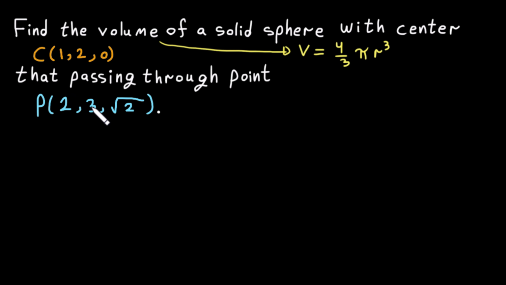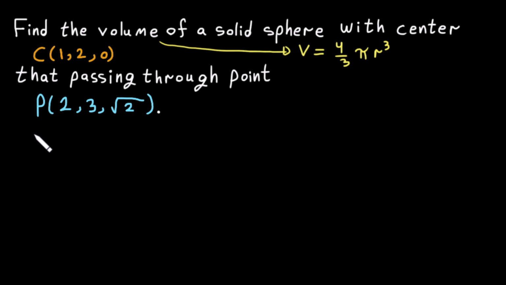Then we substitute this radius in the formula to calculate the volume. So again, the line segment from the center C to the point P is the radius R of the solid sphere, and this is what we need to find first in order to find the volume. So let's find the distance between these 2 points.